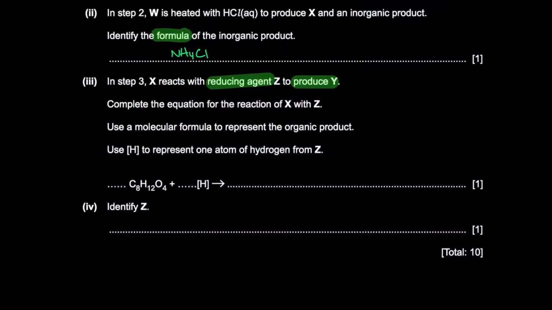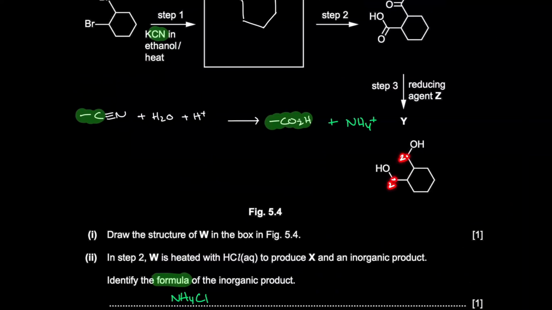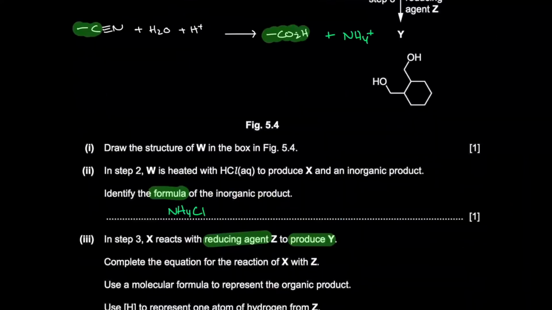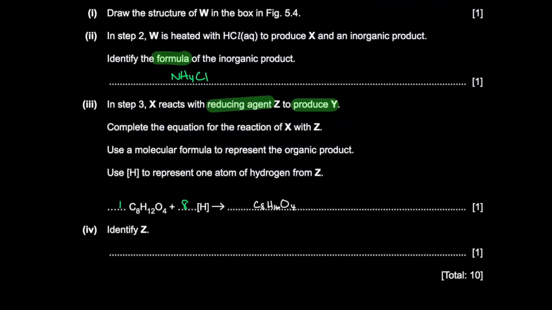And then we're going to get C8H, adding two hydrogens here and two hydrogens here, CH2 and CH2, so H16, and then O4, and then we're going to get 2H2O. Every carboxyl group will give you one H2O.